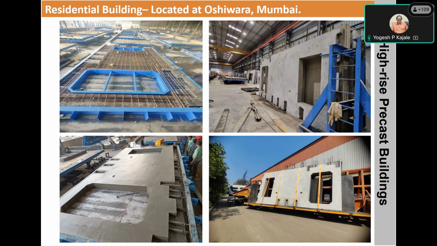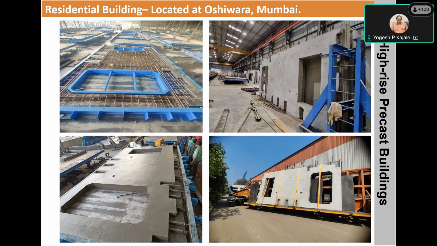On the Sidco project at Taloja, we delivered 15 dwelling units per day, from project start to project completion and total number of dwelling units. So the speed of this construction is 4 dwelling units to 15 dwelling units per day.